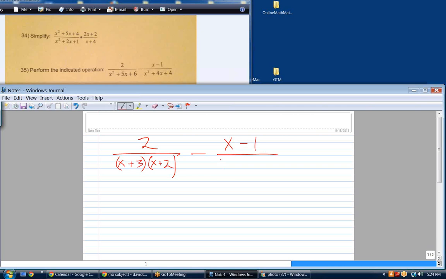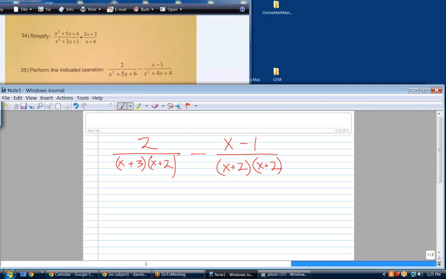How about this one over here? x plus 2 and x plus 2. What's a common denominator going to be? Now, I can't cancel this x plus 2 with this x plus 2.